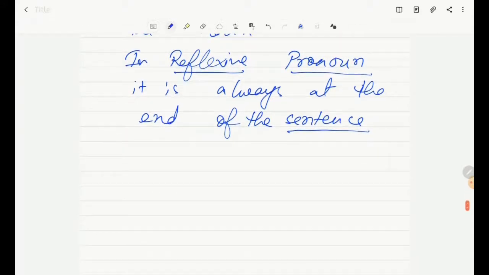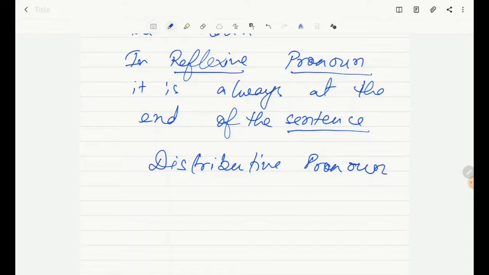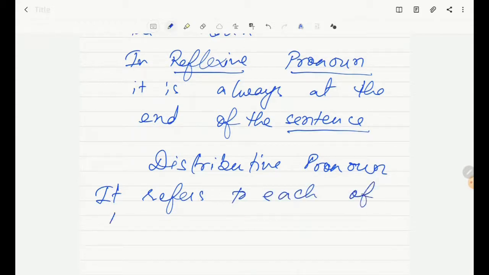Another kind of pronoun is the distributive pronoun. It refers to each of the persons or things.